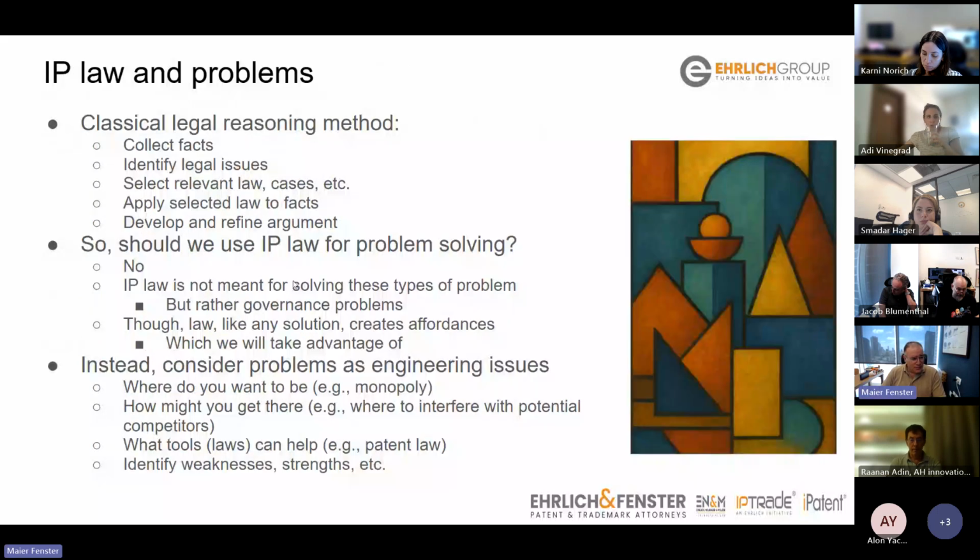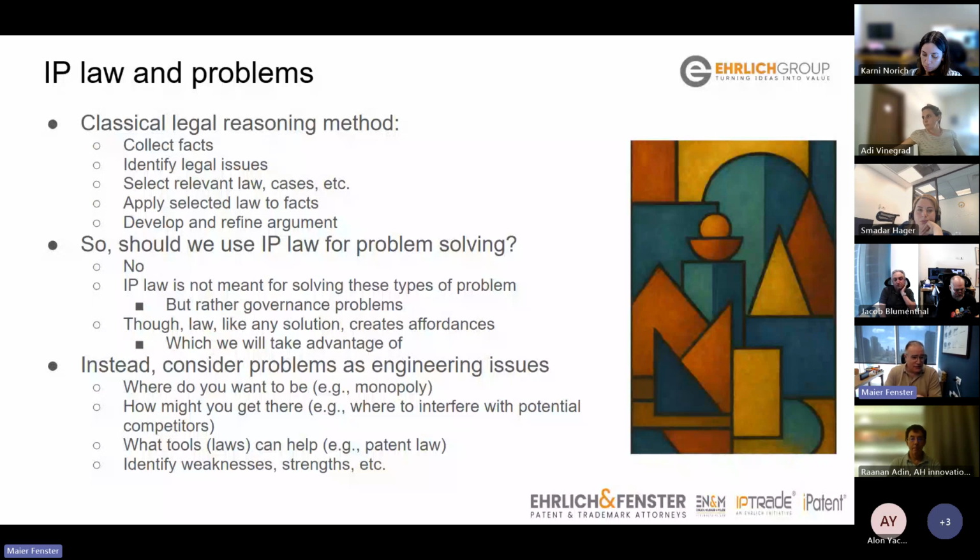Sometimes people who have a problem go to a professional. And while we're not lawyers, they might treat us as lawyers and assume that whatever problems they have is automatically solved by application of the relevant IP law. So here's a classical method of legal reasoning.